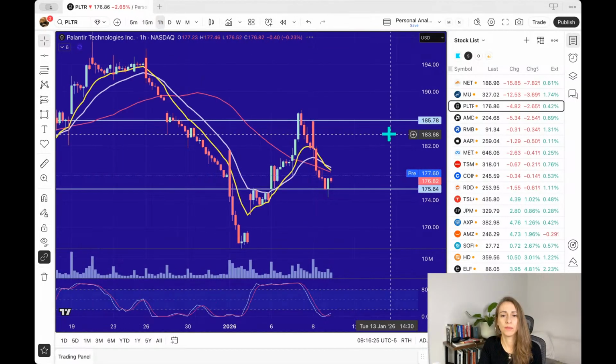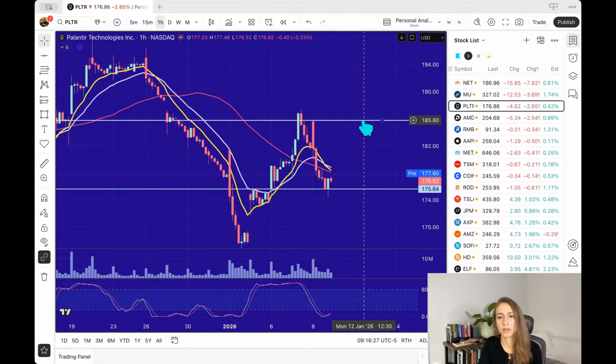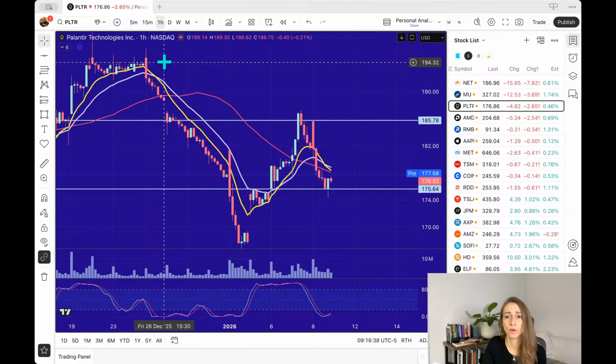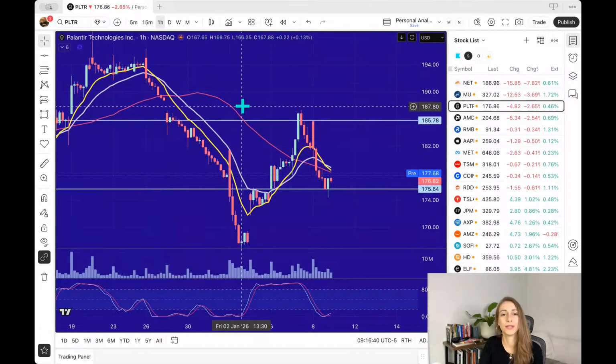But if I were to trade it, my first target is just about 10 points to the upside, but really looking to reach around that same peak here, around 194, 195.